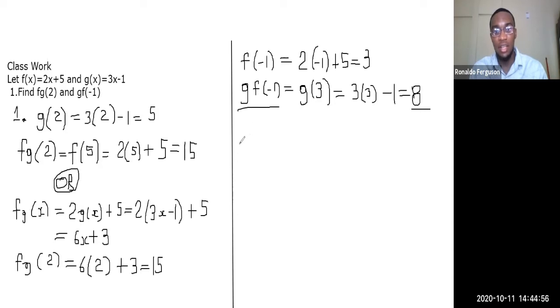The alternative method would be to find gf of x. So we need to find gf of x.